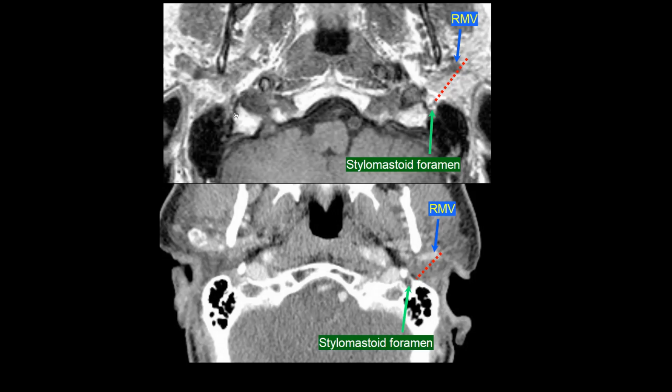This is not Bell's palsy. And nowhere in the gland could we actually see the thickened nerve, because it doesn't necessarily have to be contiguous, it can skip. And also a lot of the times when you give contrast, the nerve and the parotid gland enhance, so the stylomastoid foramen is actually your best spot to look.